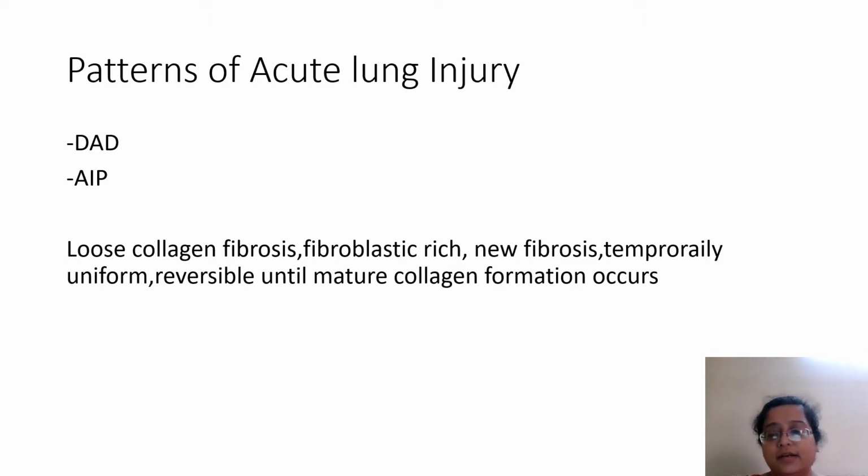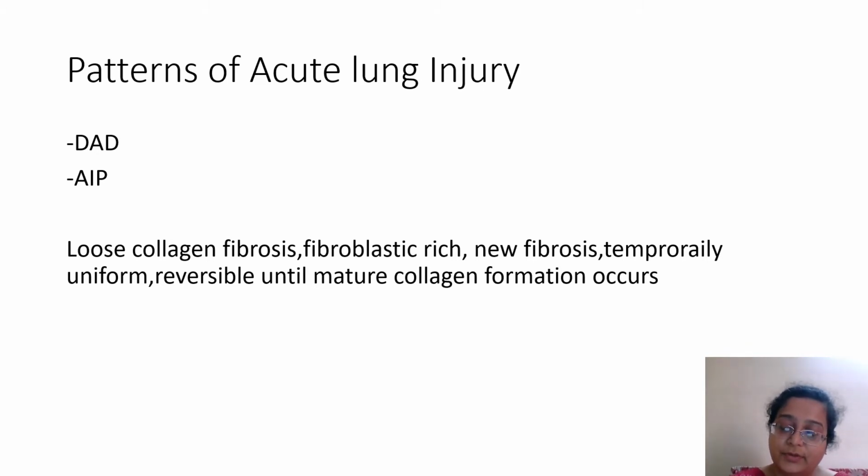So, pattern of acute lung injury, this is the first part, can be either diffuse alveolar damage or acute interstitial pneumonia. I've written something down below, which just means that anything which is acute and is showing fibrous tissue proliferation, normally we associate fibrosis with chronicity.